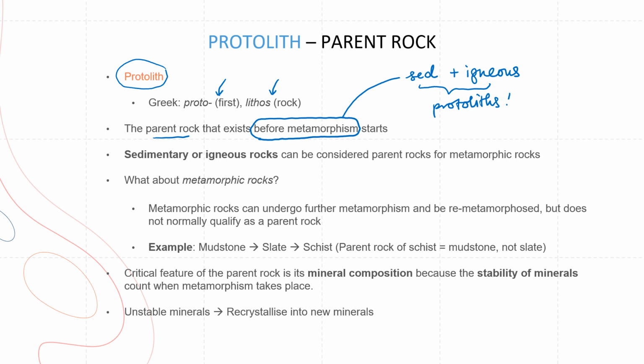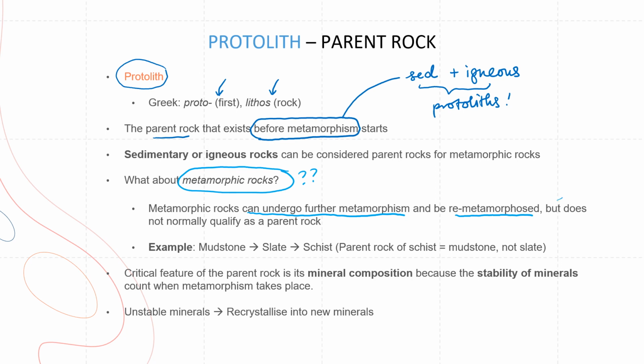But some of you might be asking, what about metamorphic rocks? Can metamorphic rocks be parents to other metamorphic rocks? The answer is, basically, metamorphic rocks can undergo further metamorphism and they can be remetamorphosed.